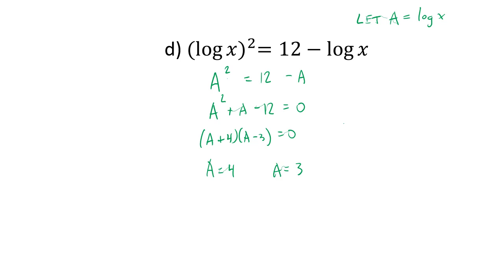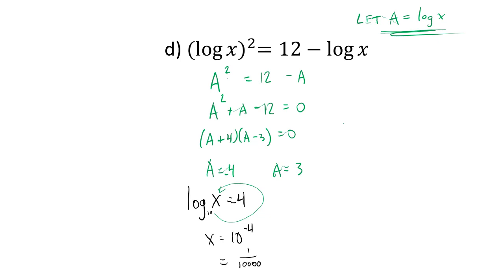And so I'm not done, because I have to remember that we said a is equal to the log of x. So if the log of x is equal to negative 4, then this is saying, because we have the base of 10, if we do the loop trick there, that x is equal to 10 to the negative 4th power, which is the same thing as 1 over 10,000.